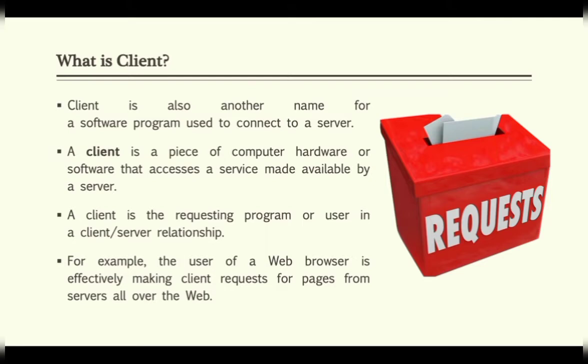Those who send requests to the server are called clients. For example, in the web browser, I am sending a request for a particular page, and the page is served from the web server over the web. That is called client.